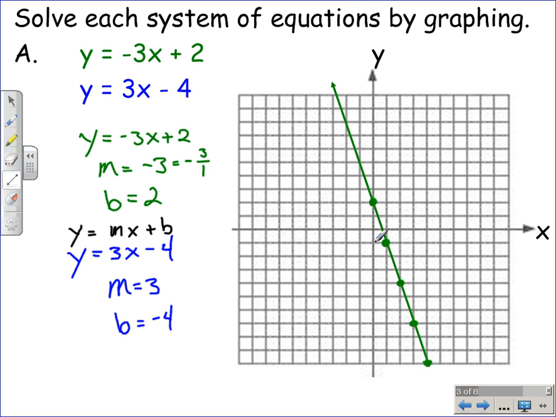From the origin, we go down 4 and plot the y-intercept right there. Then we use the slope, which is a positive 3, or 3 over 1. From there, we'll go up 3 to the right 1, up 3 to the right 1, and we'll repeat that pattern until we run out of room. Remember, the more points you use, the more accurate your line is going to be.